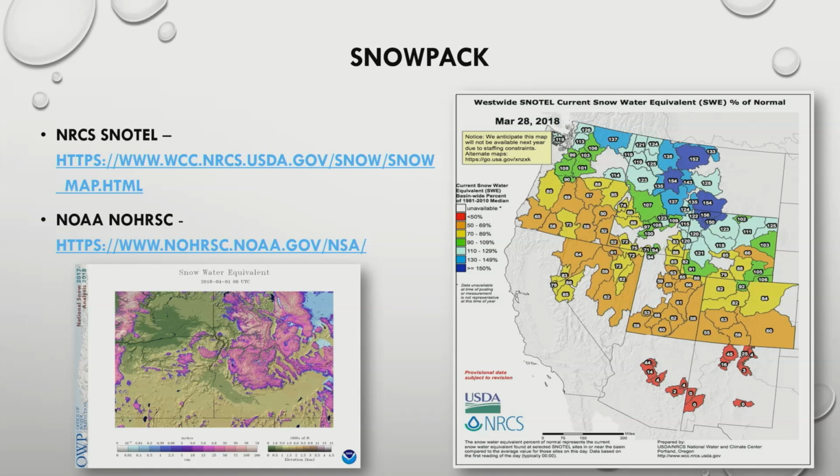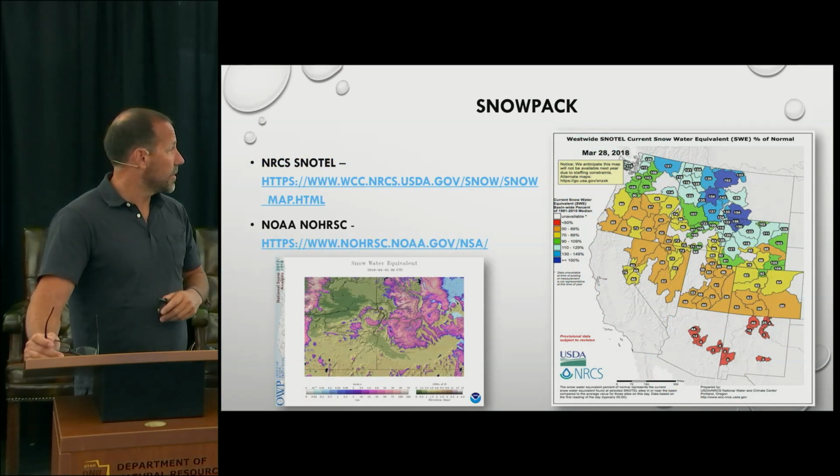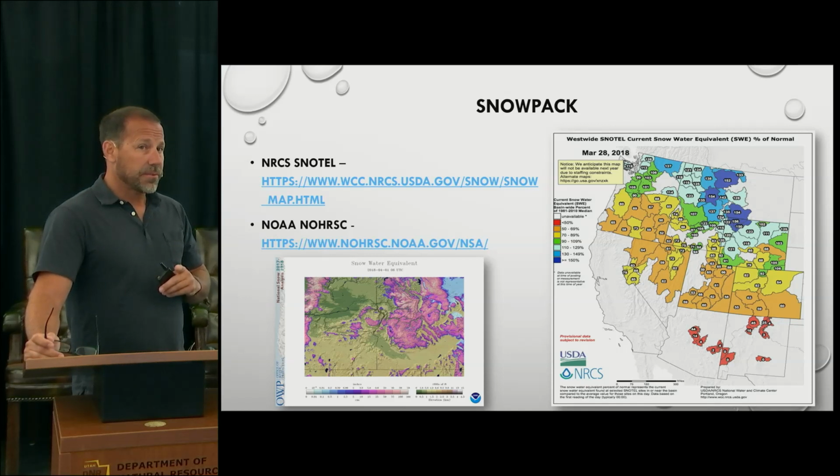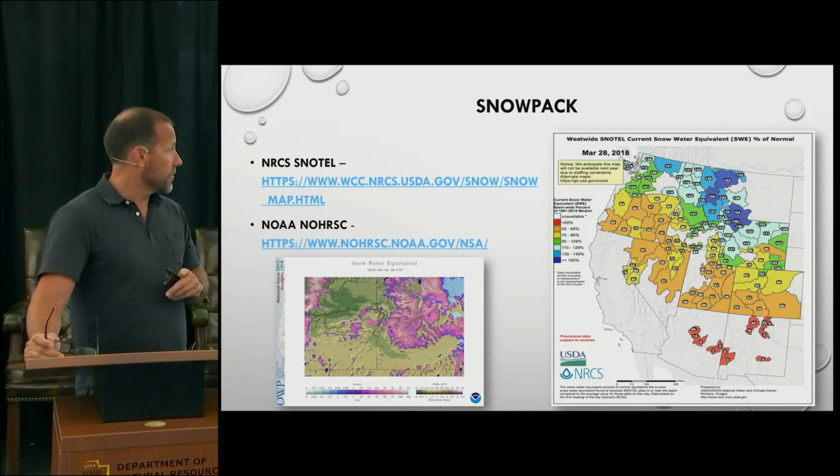We're going to lose some of the, it looks like NRCS is going to cut a number of their products, which is really disappointing because of some funding issues. So some of these maps are going to be going away, which is really unfortunate. But I think we're going to try and reproduce some of these through our center. And on the bottom left, this is another source for snow data.